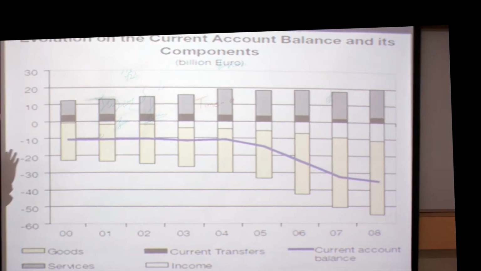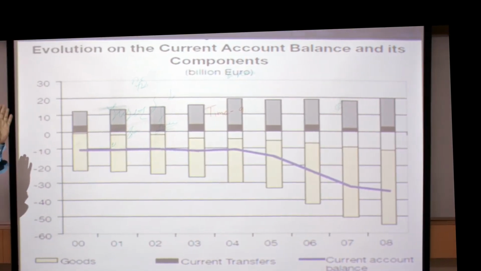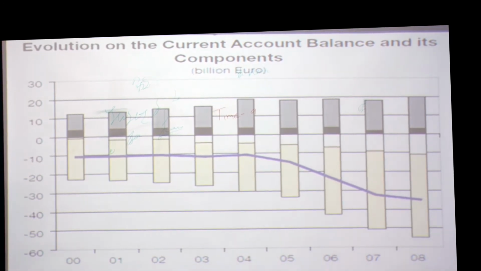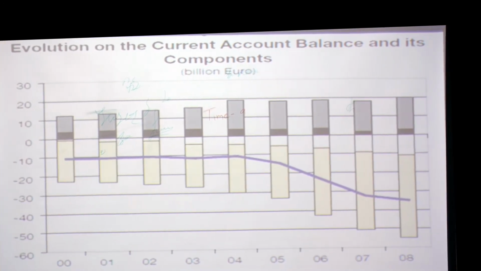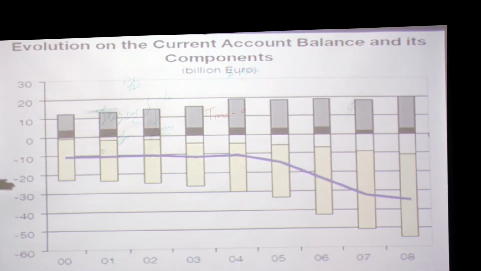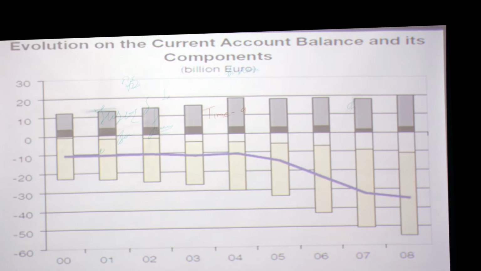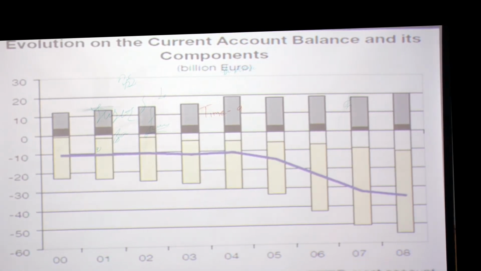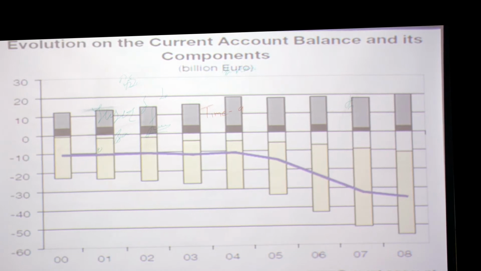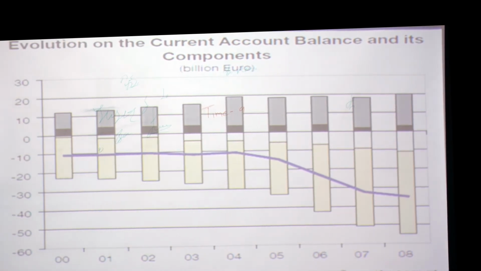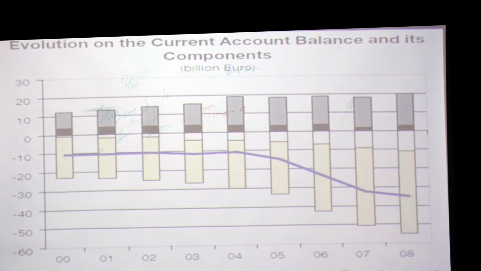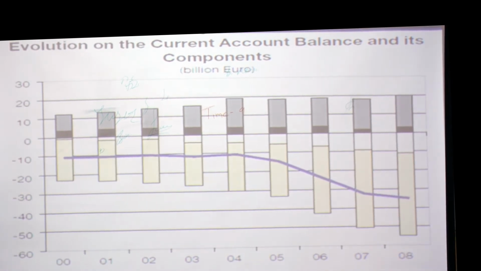If we look at the parameters of Greece vis-a-vis the rest of the world, we look at the current account balance and its components. As you can see here also, the current account balance kept on dwindling by the year 2008. The goods account balance, the balance of trade, progressively became negative, and by 2008 it came into the negative domain.